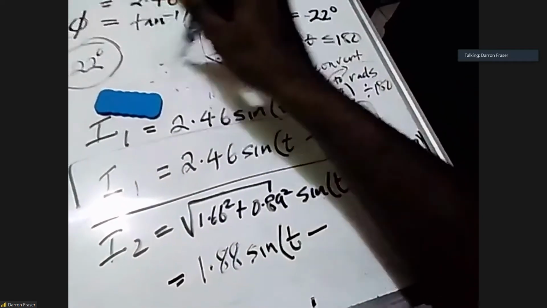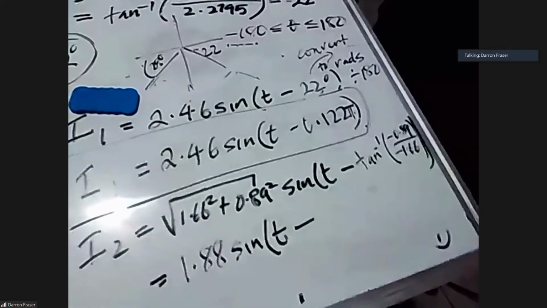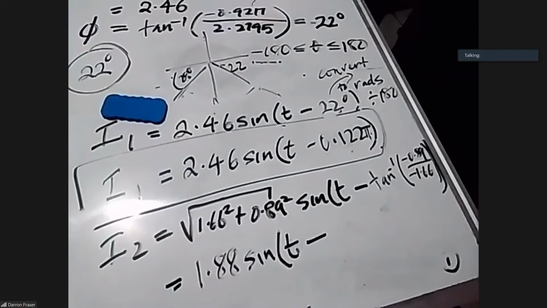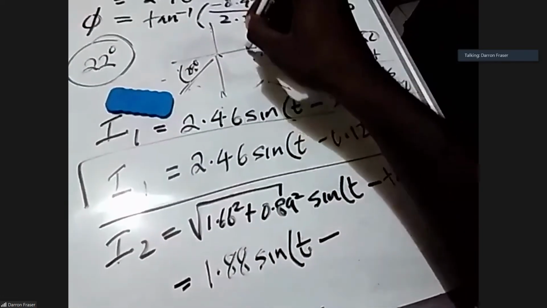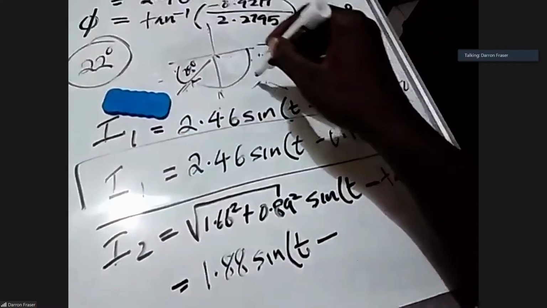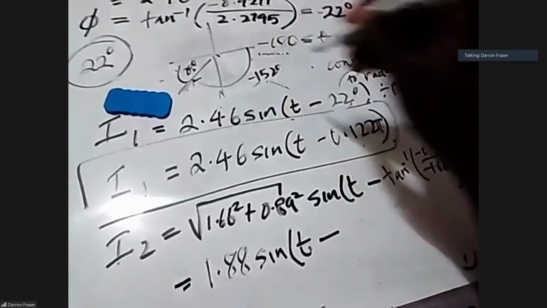But this one here now is negative, negative. So it's in this quadrant, and we get 28 degrees. That's what we get. So I have to convert it to an angle over this side. So that is negative 152 degrees.